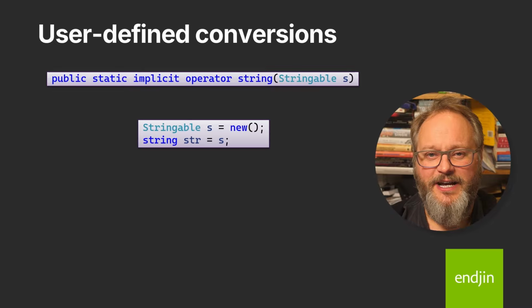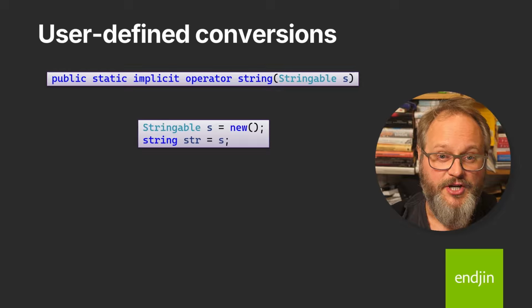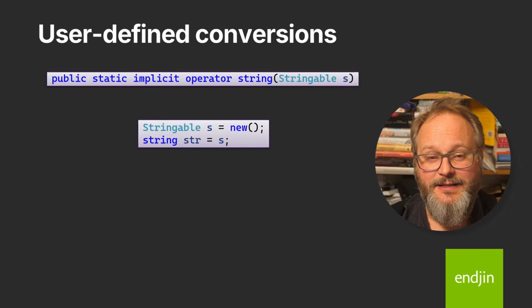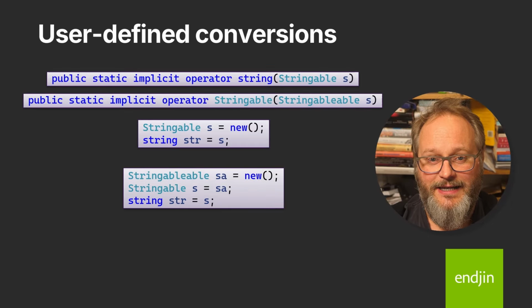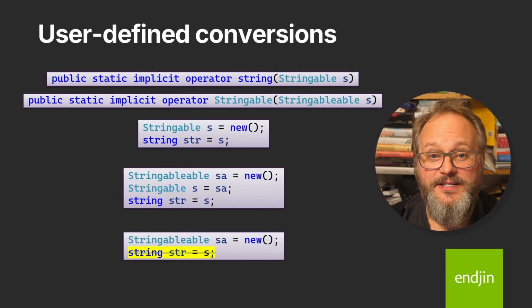But if we then define another type that has an implicit conversion to stringable, which I suppose we would call stringableable, then although we can assign a stringableable directly into a variable of type stringable, and we can assign a stringable into a variable of type string, we can't assign a stringableable directly into a string. The compiler won't string the conversions together, so to speak. Essentially, you get to use just one user-defined conversion within an expression.